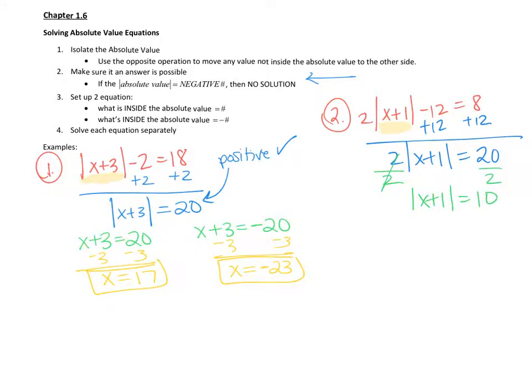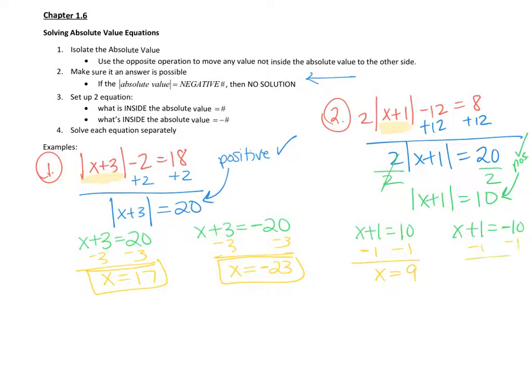At this point, I'm going to look at that number. I'm going to check to make sure that it's positive. It is positive, so I'm going to keep going. All right, so that means I'm going to take my x plus 1 and set it equal to a positive 10. I'm going to take my x plus 1 and set it equal to a negative 10. And I'm going to finish solving. Subtract my 1 gives me x equals 9.